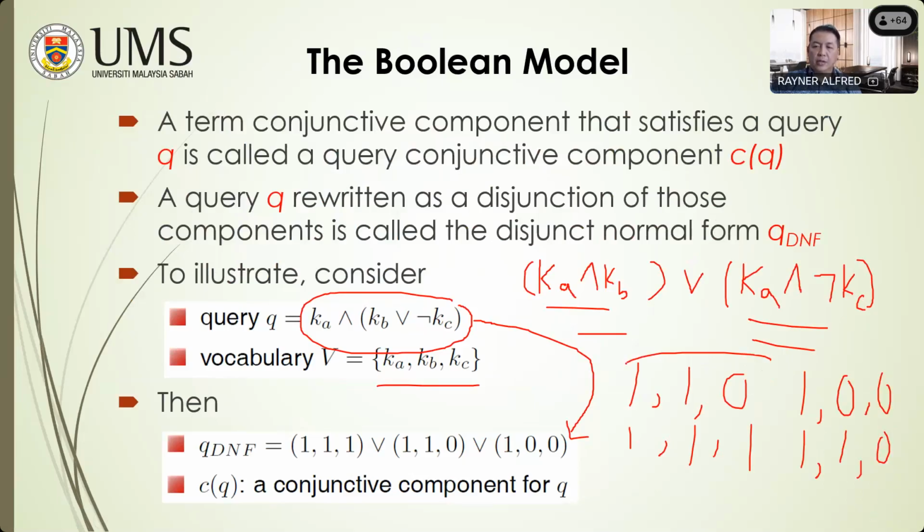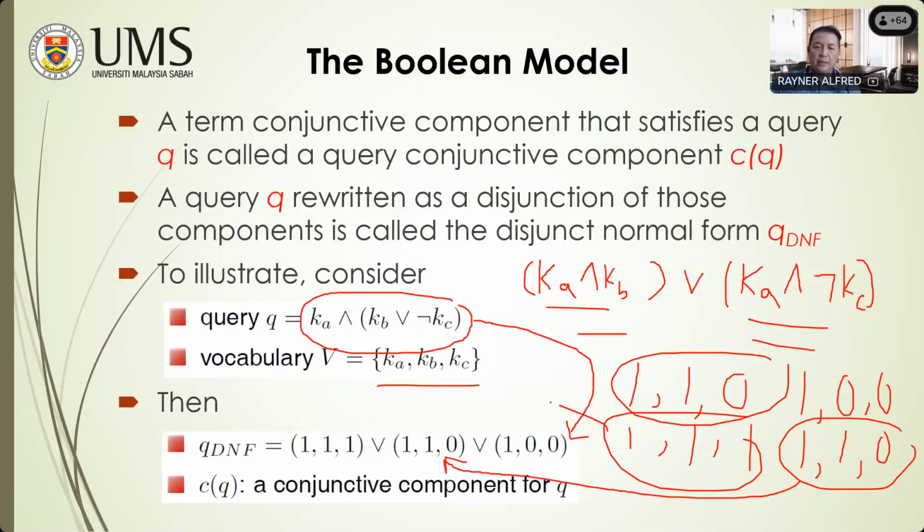Okay. So this is similar. So this one will be here, and then this one is here, and this one is here. Okay. So by having this disjunctive normal form, we are actually finding the pattern that will match the query. These are the patterns that will match the query that we have. This is based on the Boolean model.